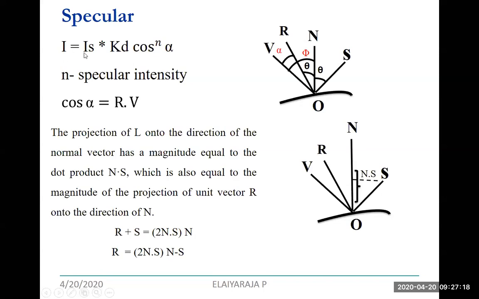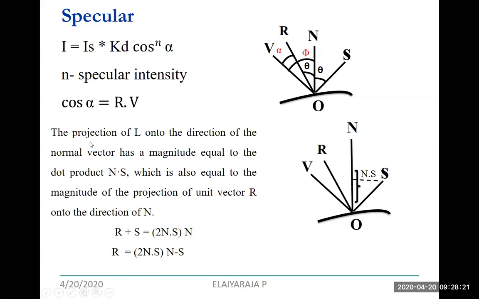So the intensity you calculate is the intensity of the light multiplied by the specular coefficient factor, multiplied by cos alpha power n, where n specifies the specular intensity, and cos alpha is taken between the reflection vector and the viewer point.